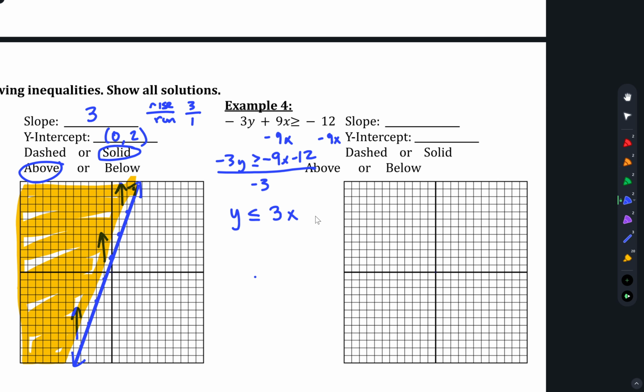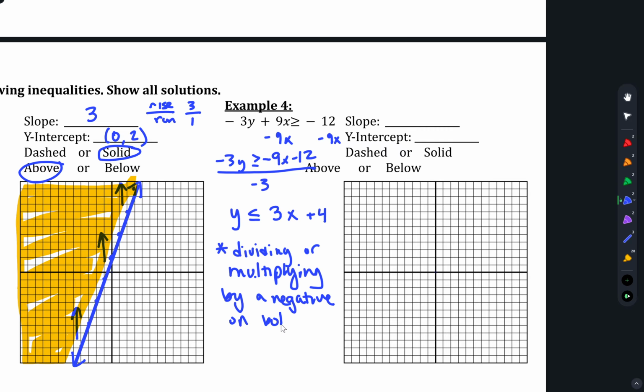So dividing or multiplying by a negative on both sides flips the sign.